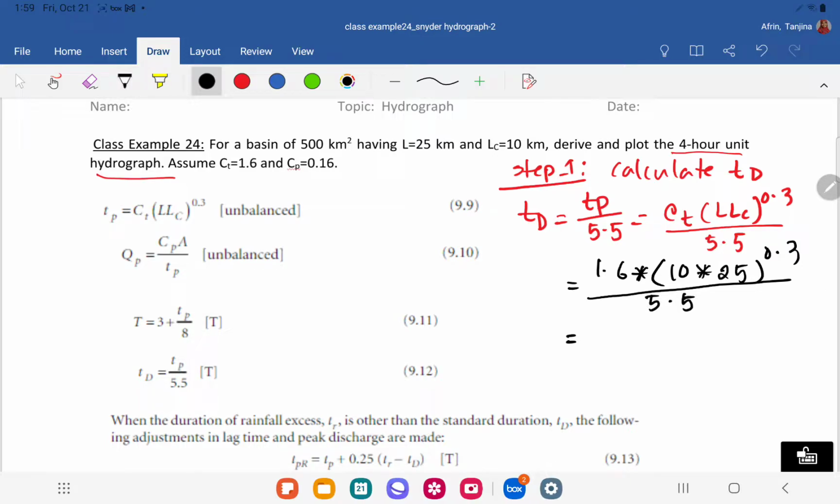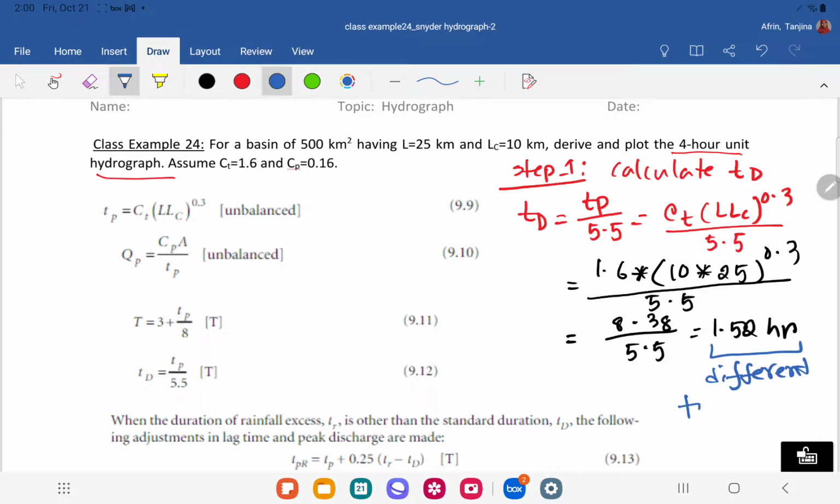If we do the calculation properly, TP will be 8.38, and 8.38 over 5.5 equals 1.52 hours. That is clearly different from 4 hours, which is TR. Okay, great.